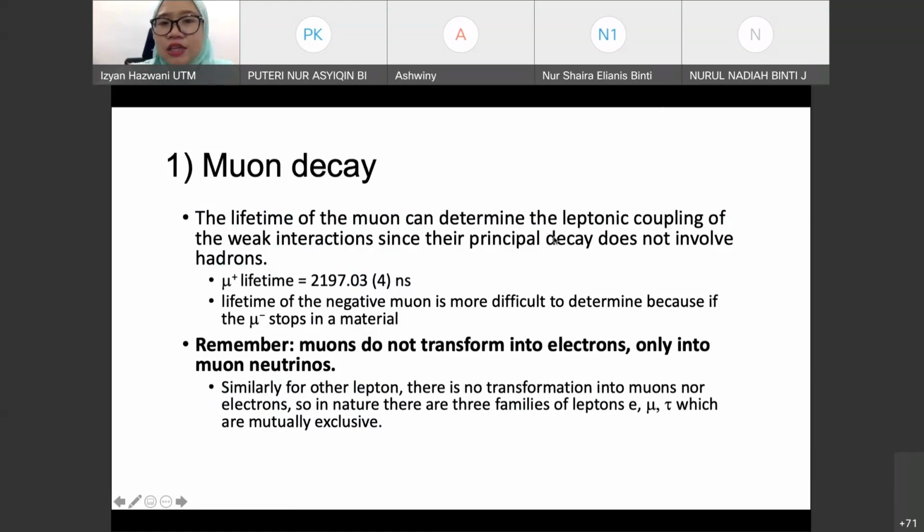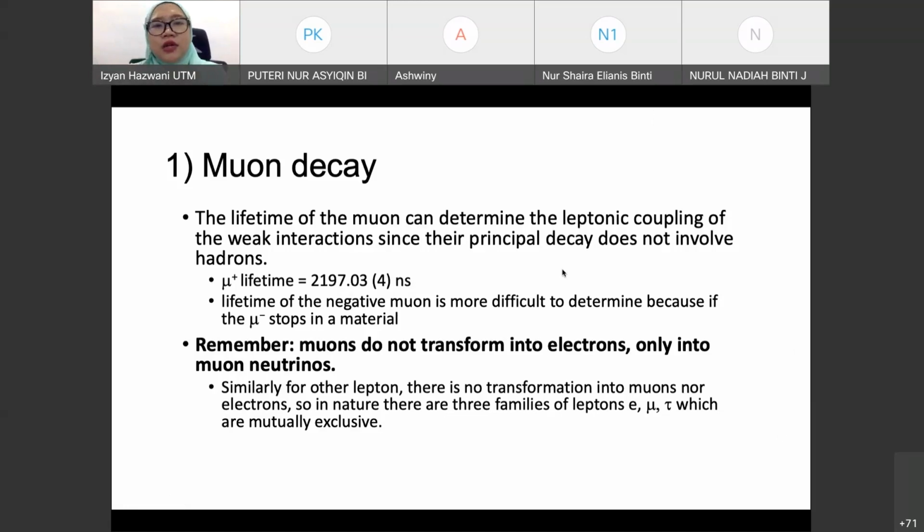Actually, a hadron is a particle that is made up of quarks. We have two kinds of hadron: one is baryon and another one is meson. So any combination of quarks is called a hadron.